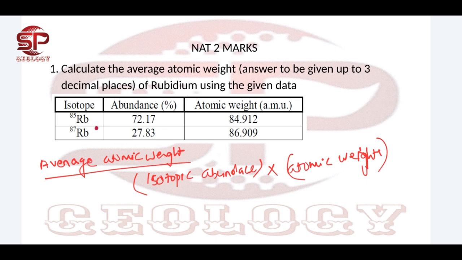So for each isotope you have to calculate this, then add them. Isotopic abundance of rubidium 85 into its atomic weight, then isotopic abundance of rubidium 87 into its atomic weight, then we add them to get the average atomic weight. Isotopic abundance into atomic weight gives the weight of the isotope. Then after getting that, we just add the weights of the isotopes to get the average atomic weight of the element.